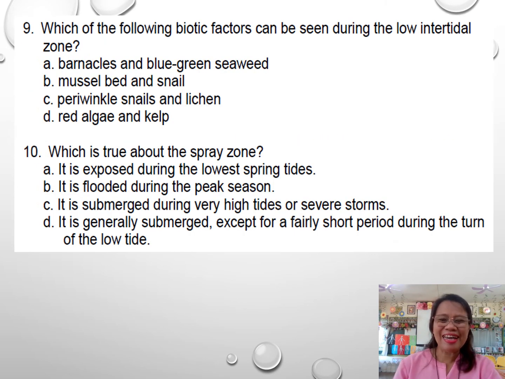Number 9 and number 10. Okay, done? Very good. Again, don't you worry because you can still review this to check whether your answer is correct or not.